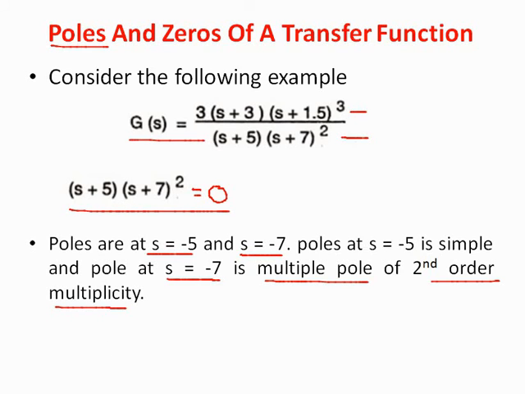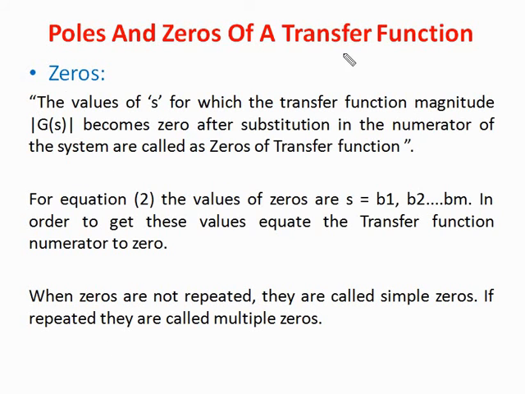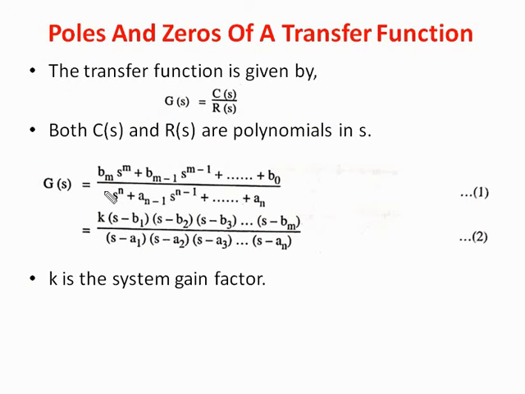Now what is a zero of the transfer function? The values of s for which the transfer function magnitude G(s) becomes 0 after substitution in the numerator of the system are called the zeros of the transfer function. So this is the numerator.